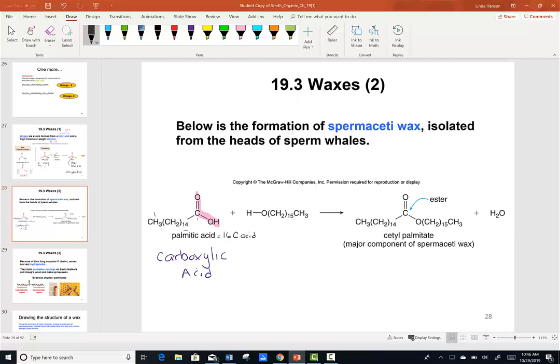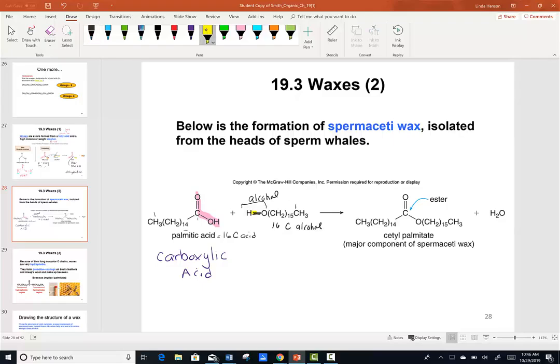We're reacting that with an alcohol, and I see that this is the alcohol functional group. I see the OH. We're emphasizing where the new site of attachment will be by lengthening the bond between the hydrogen and oxygen of the hydroxyl group in the alcohol. This particular alcohol is 1 plus 15 more. This is a 16 carbon alcohol unit.